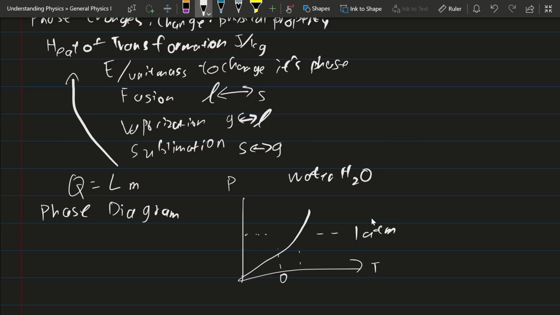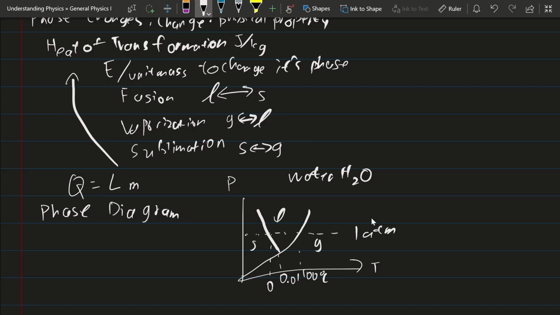It goes like that, and it goes like that. There we go. So this is 1 atmosphere. This is 0, this is 0.01, and this one is 100 degrees Celsius. So we have solid, we have liquid, we have gas.